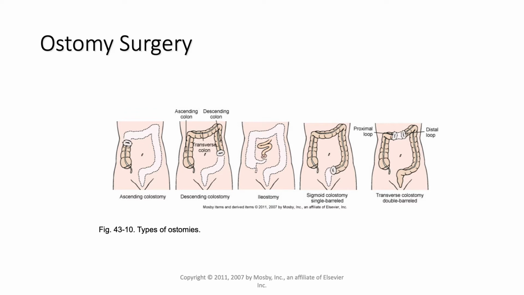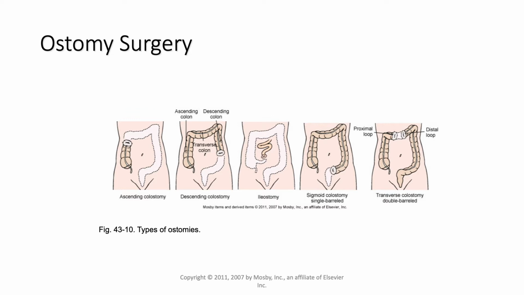The end of the ileum is brought to the surface of the abdomen, and the colon, or the large intestine, is bypassed completely in that case. A sigmoid colostomy, of course, is down in the sigmoid part of the colon. Transverse, you can see it would be up at the top.